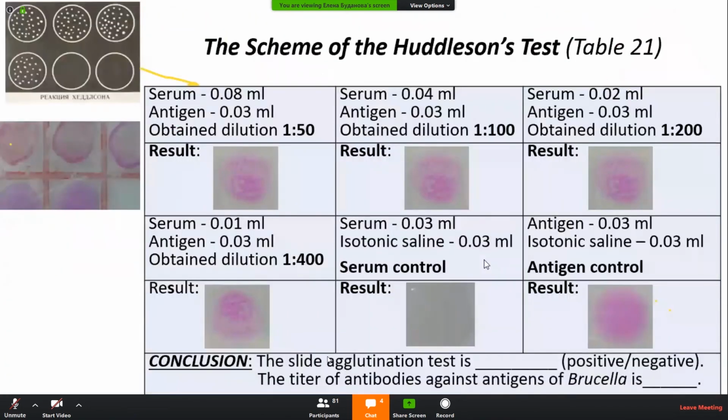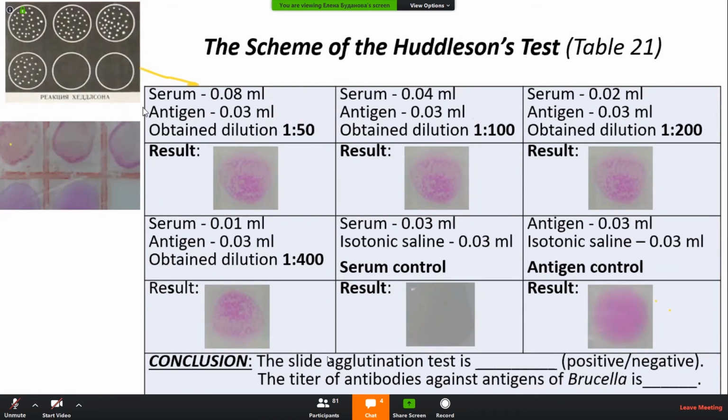Well, open your protocols, table 21, where you can see the scheme with the Huddleston test. The Huddleston test can be used as a screening test. It is a slide agglutination test, but performed for quantitative analysis.